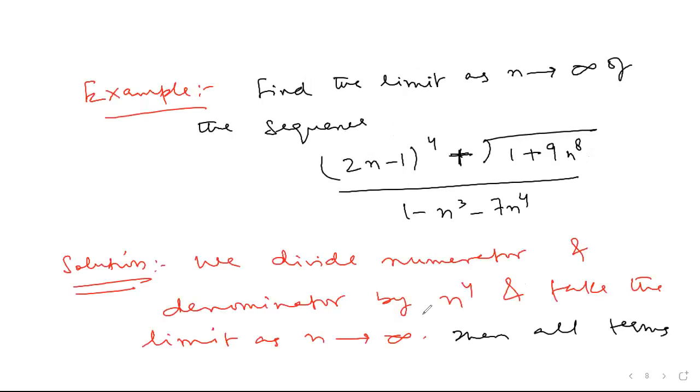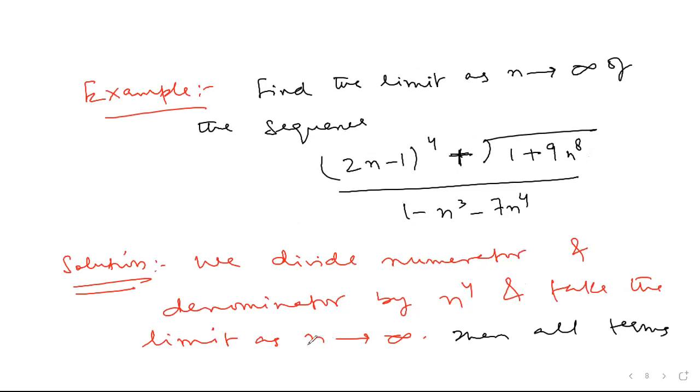Let me tell you, we simplify this sequence by dividing the denominator and numerator by n raised to 4 and take the limit as n tends to infinity.